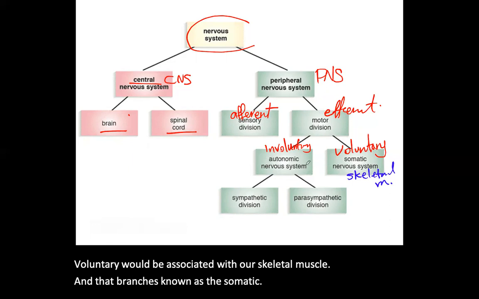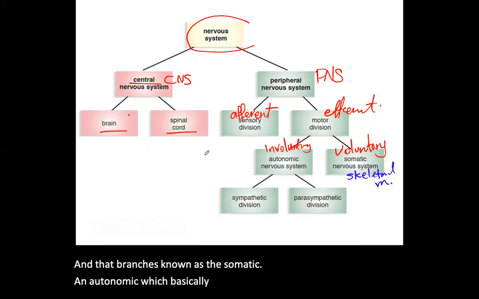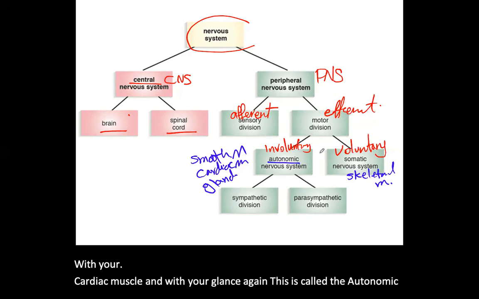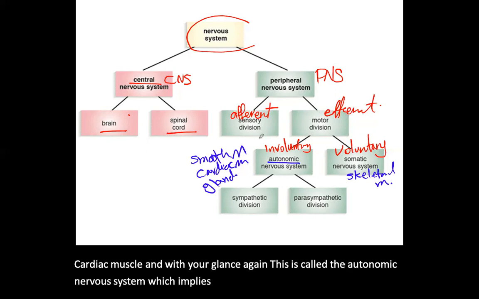And autonomic, which basically means self-control, is associated with your smooth muscle, with your cardiac muscle, and with your glands. Again, this is called the autonomic nervous system, which implies involuntary movement.